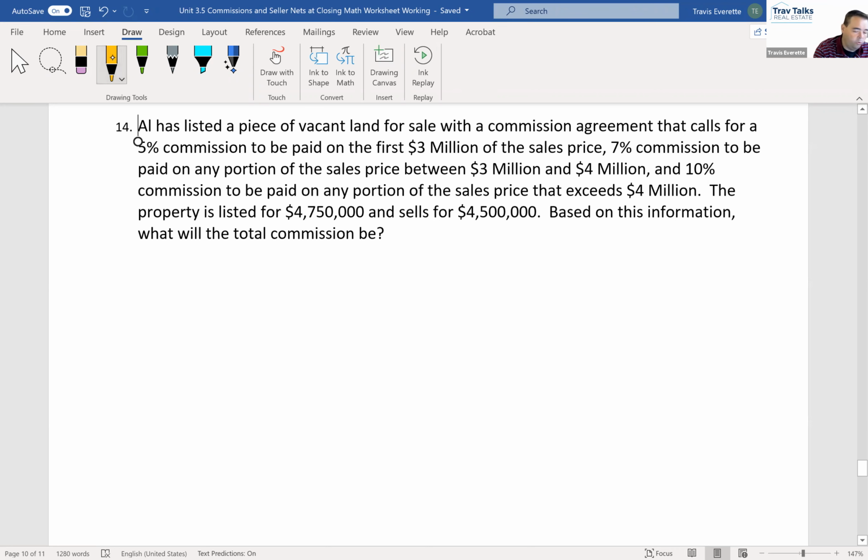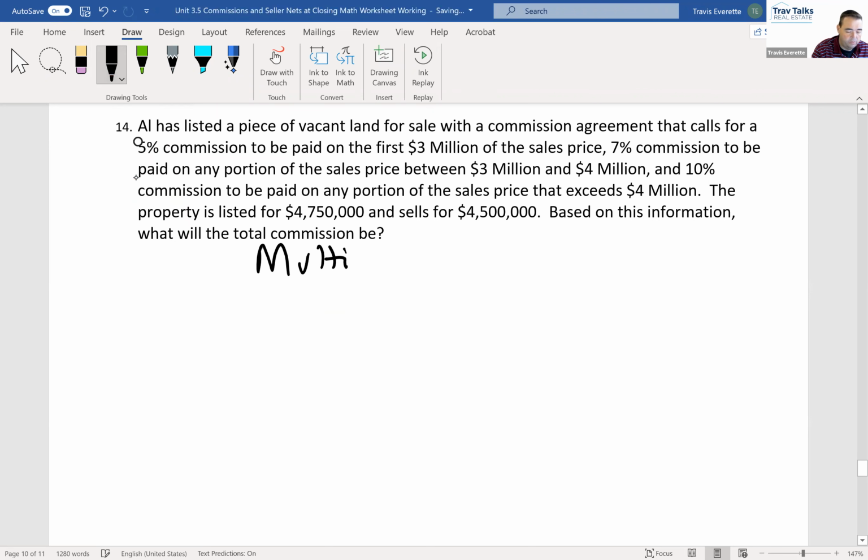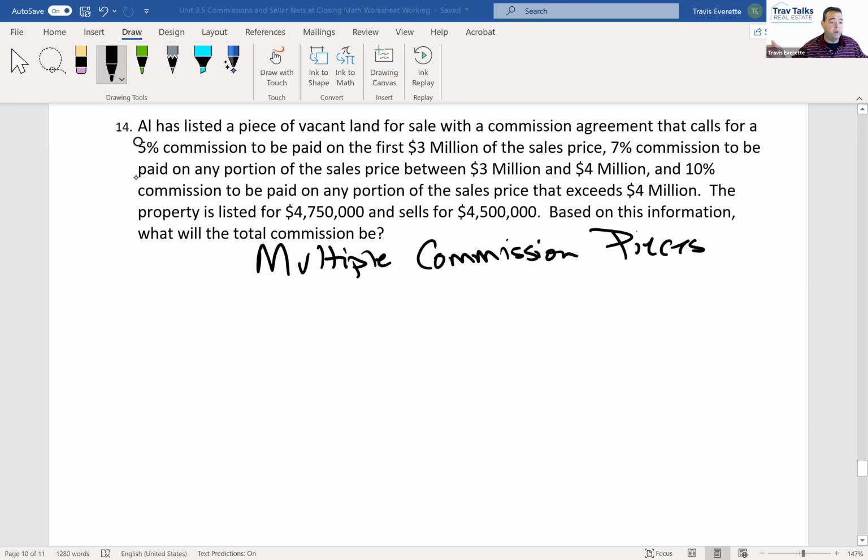I know now for sure I'm doing multiple commission rates or pieces. In other words, this is going to be a transaction that I'm going to have to calculate the commission in pieces and then combine the pieces. I'm going to have to separate this essentially into two or three, depending on what number of commission splits they give me. I'm going to have to separate this into pieces.